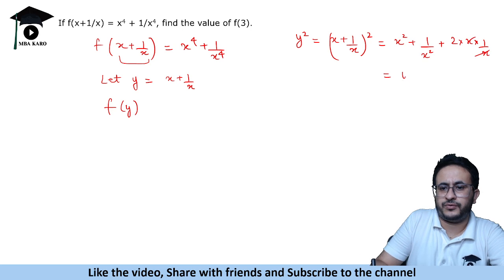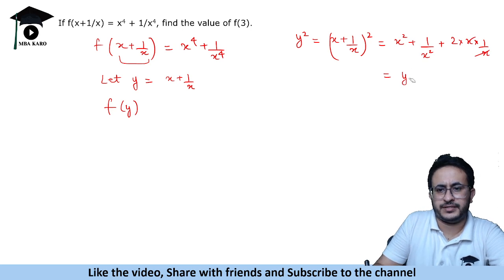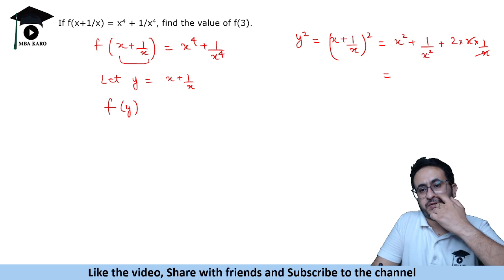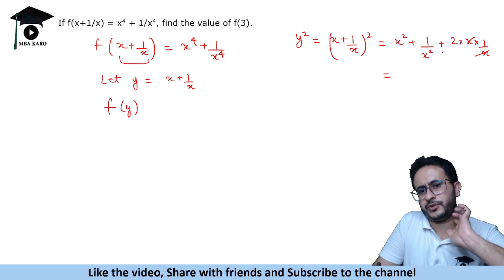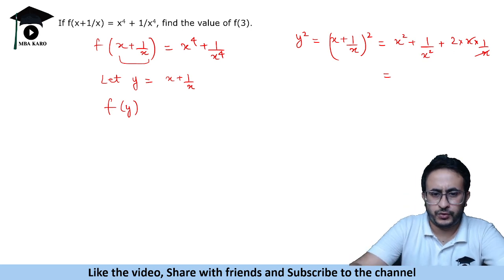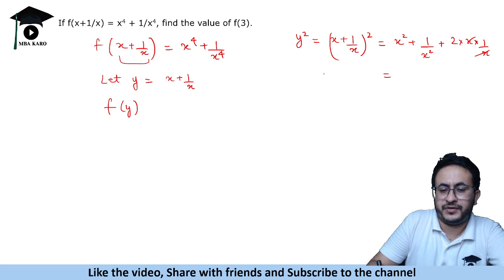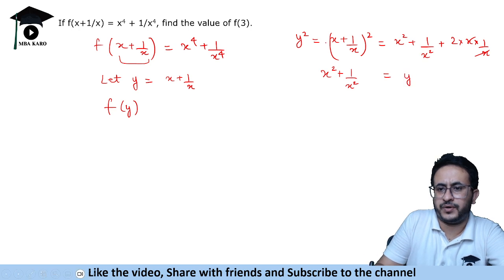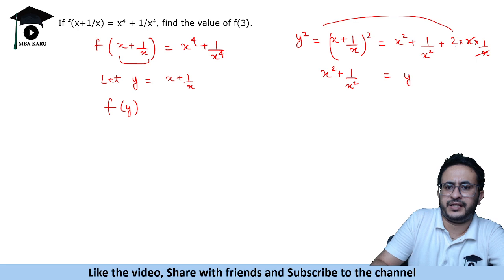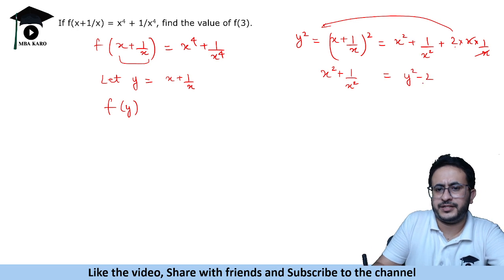So basically y square is x square plus 1 upon x square plus 2, right? So we get this expression that x square plus 1 upon x square is y square, and 2 we will bring this side, so y square minus 2.